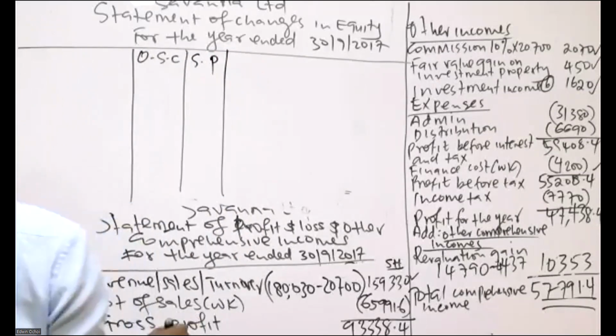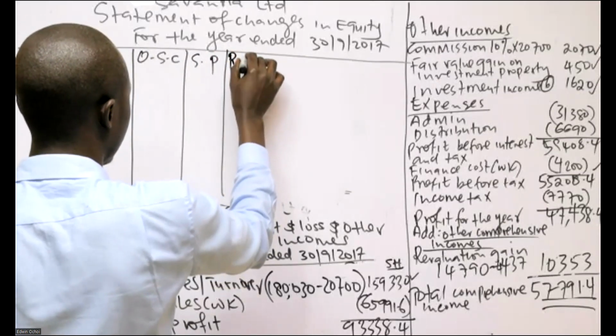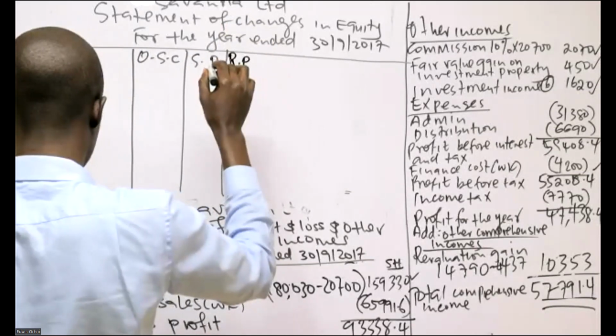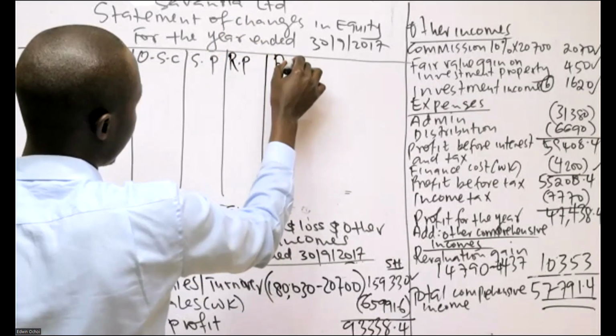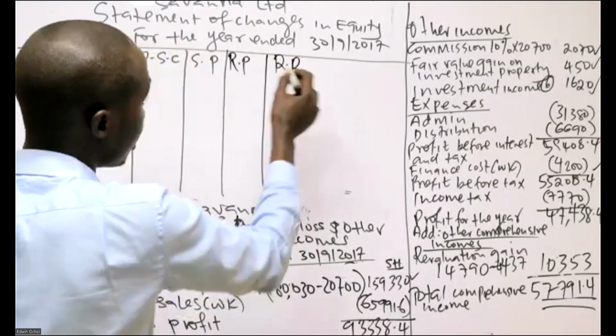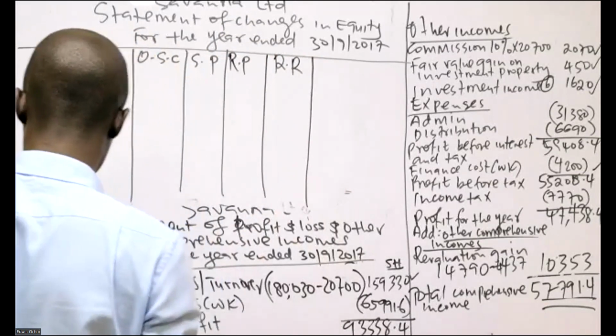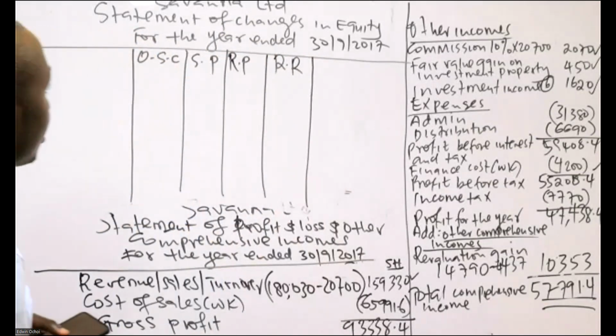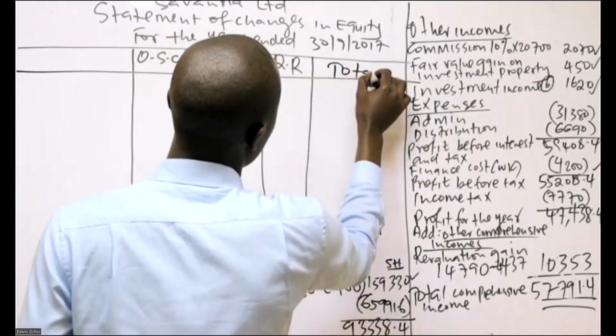After share premium, retained profit. After retained profit, there was revaluation reserve, from the additional information for the land and building. After the revaluation reserve, is there anything else? We talk about the total.